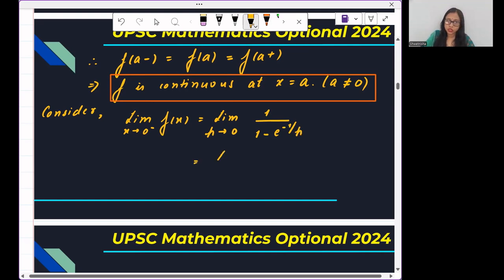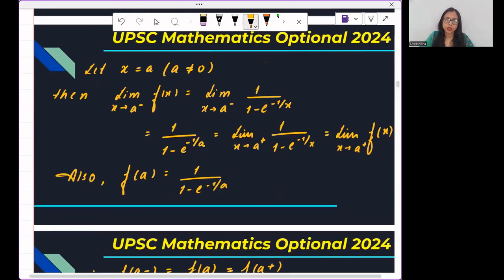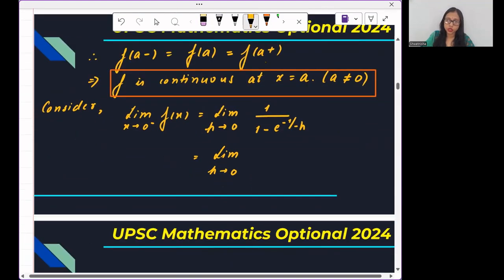So what is this? This is limit h tends to 0. Now this will be minus h, no? x here is replaced by 0 minus h. So it will be minus h. So it is 1 upon 1 minus e power 1 by h.